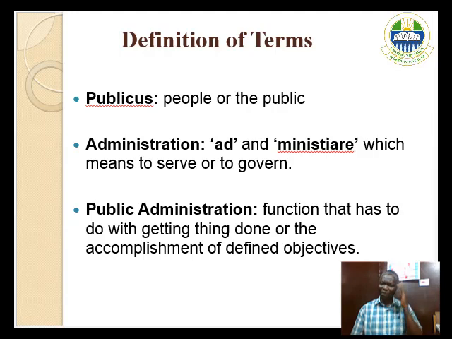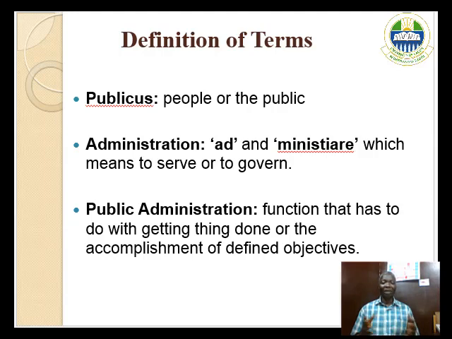What is public administration? As we have said, public administration has to do with what government wants to do, or to get things done in order to accomplish certain objectives or goals.